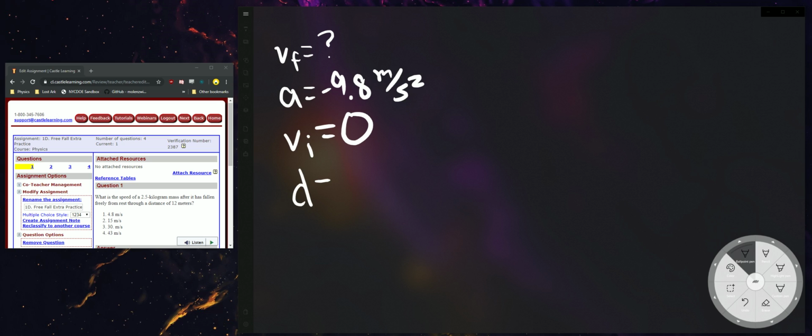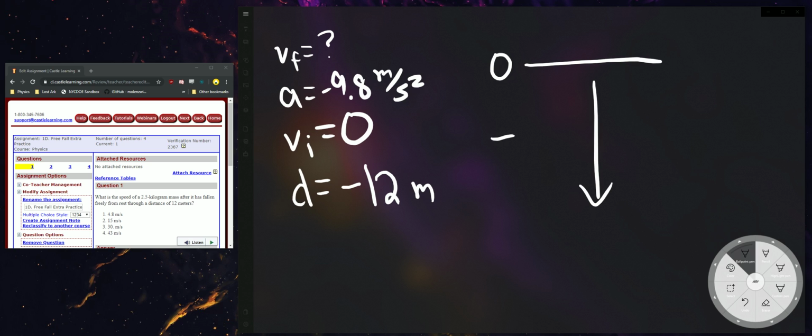And you know your distance is 12 meters, so your displacement is negative 12. It's dropping, it's going down, so why is it negative 12? Because you're dropping from zero, and anything below zero is negative. So it dropped a distance of 12 meters, and your displacement is negative 12 meters.